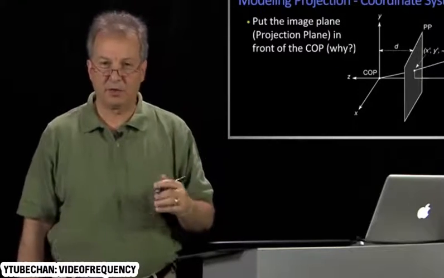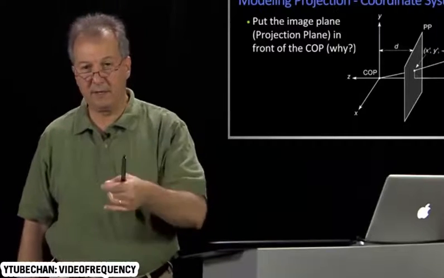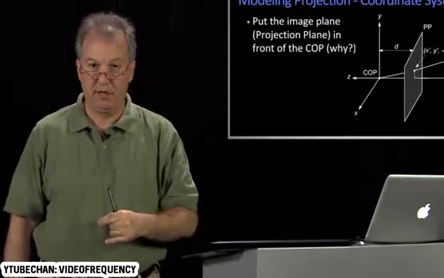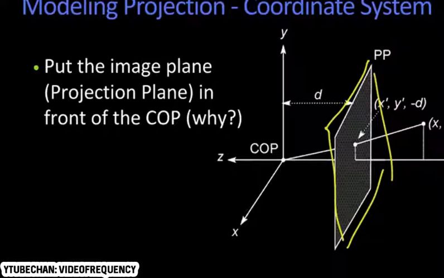Now, here's something a little strange. As we were talking about before in cameras, normally light comes in, goes through the focal point of the lens, and then hits the image plane. But in our mathematics here, we're going to put the image plane in front of the coordinate system, as if the light magically knows how to pass through the image and hit the coordinate system in just the right place. So why do we do this?